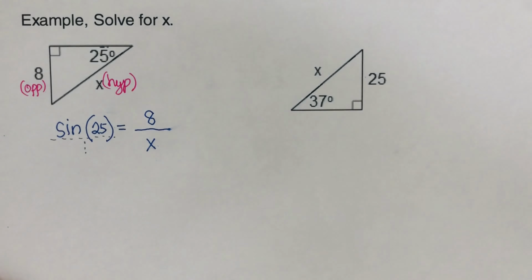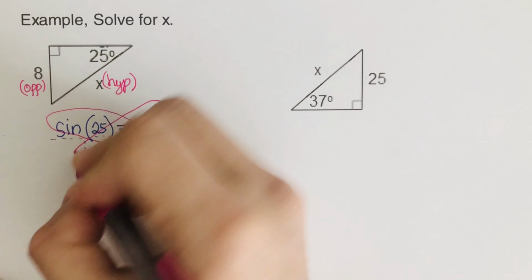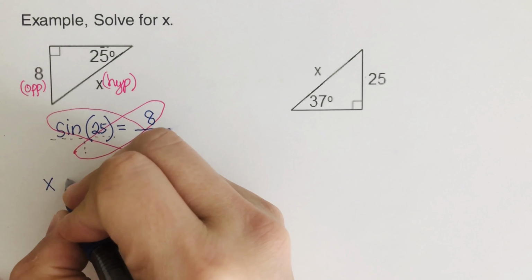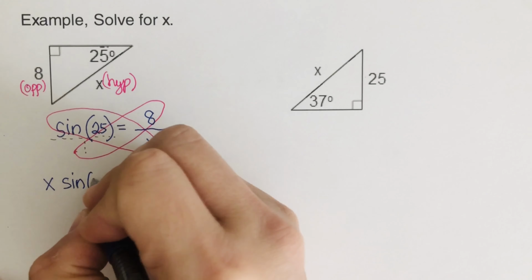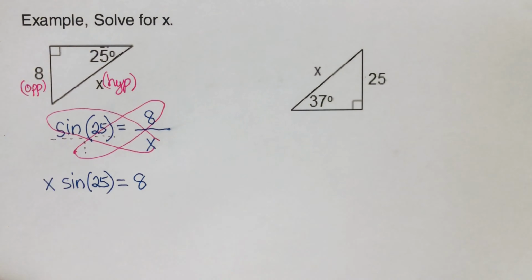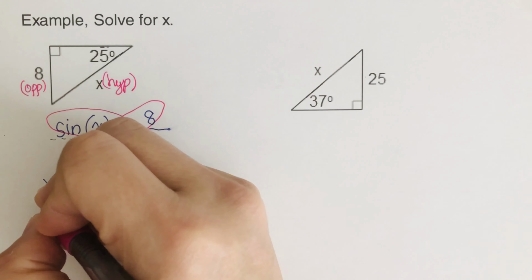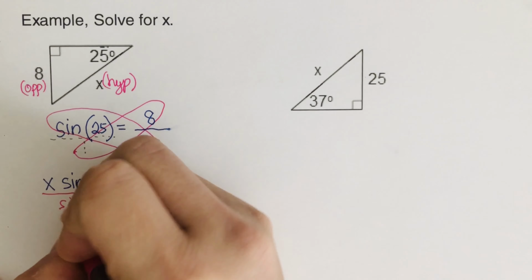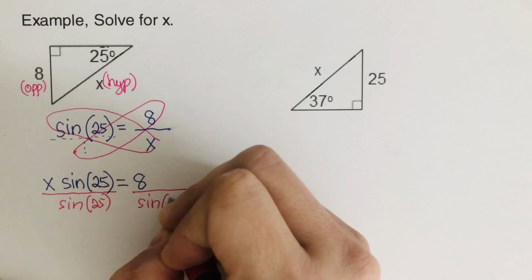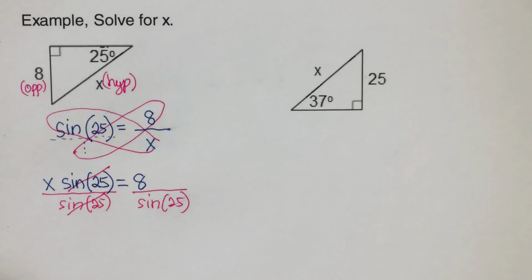So from here, I cross multiply this x and sine 25 and the 8. So this would come out x sine of 25 is equal to 1 times 8, which is 8. And so from here, I want x by itself. So I will divide both sides by sine 25. I cross the sine 25 out, and I'm left with x.